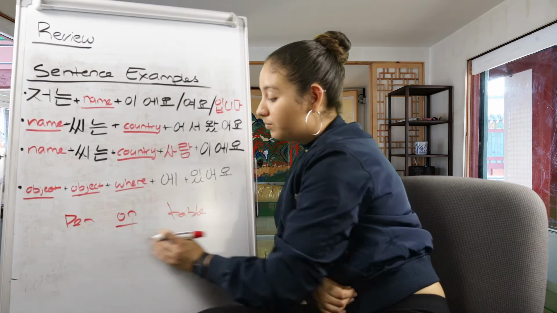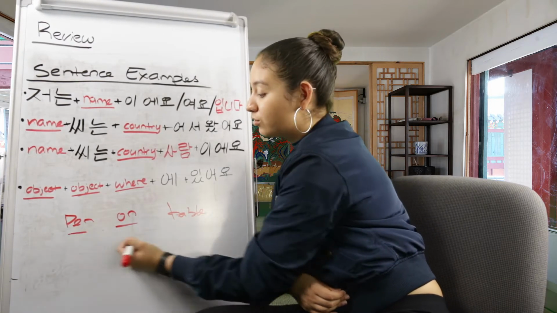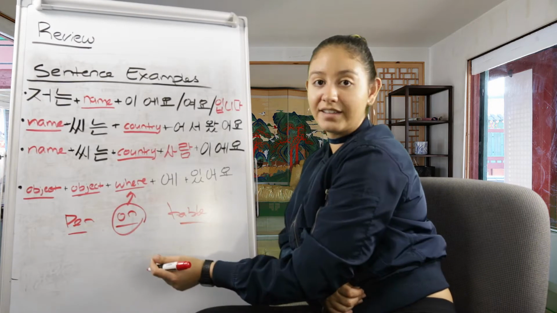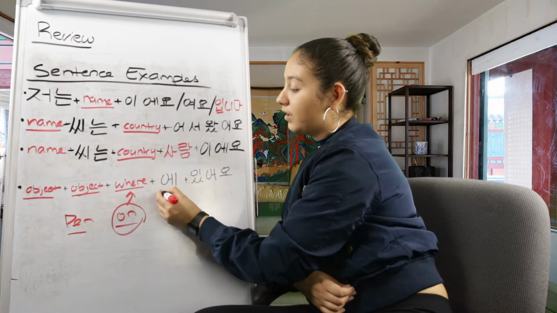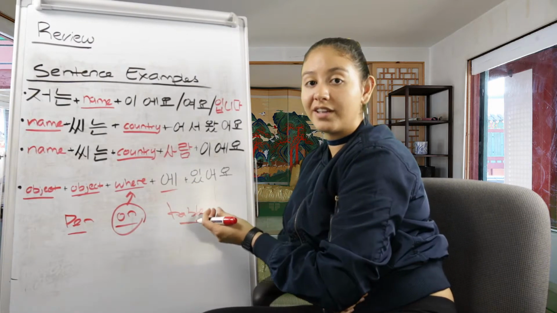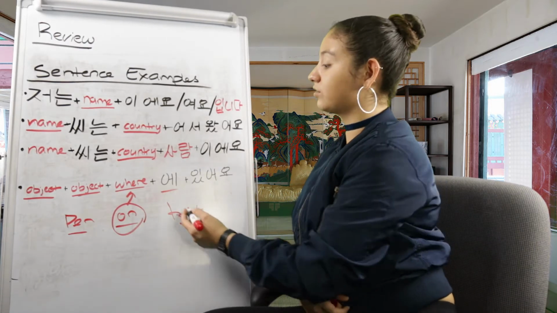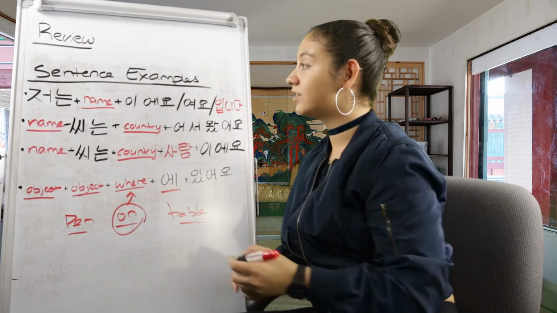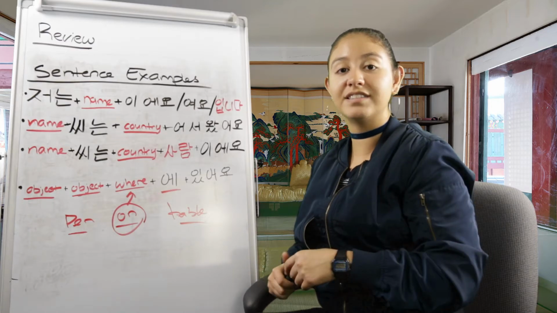So you have your 2 objects on the sides, whereas in Korean you will have your 2 objects first and then the location last. And then you would add 에서 왔어요. 에 is just to mean that you are talking about a location. So you need to add 에 right after the location. So now that we know some sentence examples, let's go on to some negative sentences and questions.